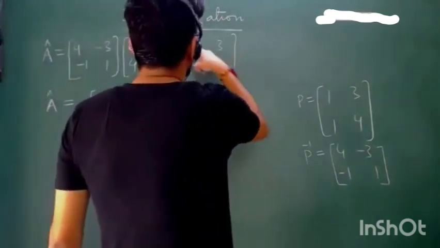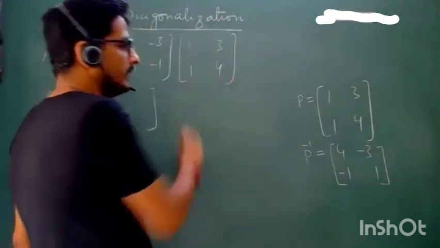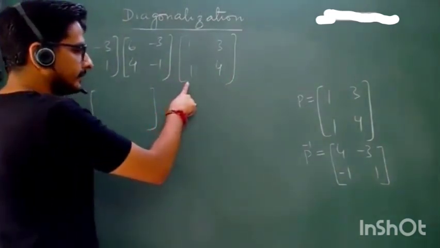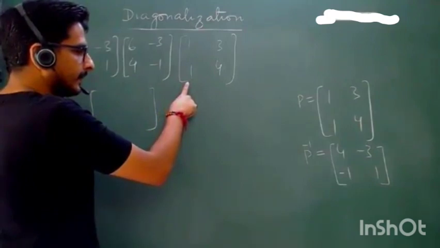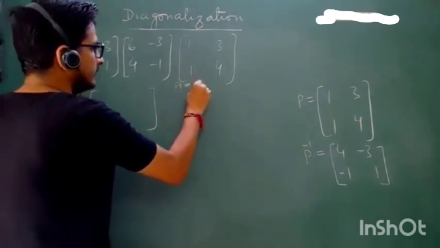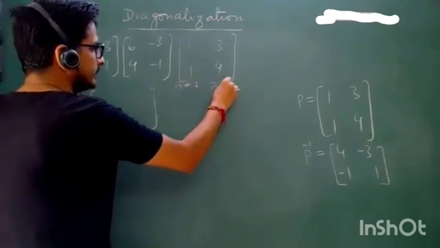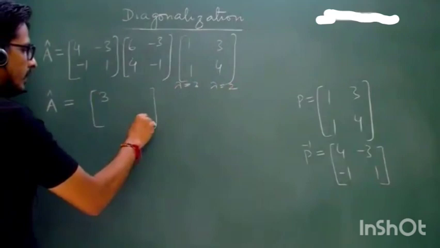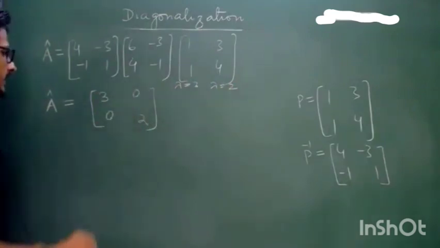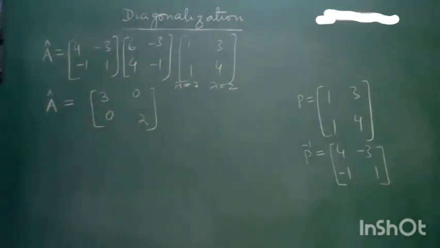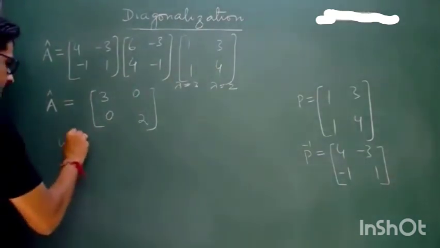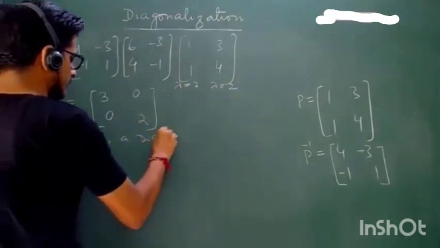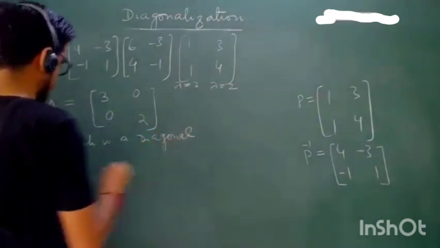So what was this value corresponding to which eigenvalue? 1, 1 corresponds to lambda is equal to 3. And this, lambda is equal to 2. So after diagonalization, you will get 3 here, 2 here, and 0, 0. So this is a diagonal matrix.